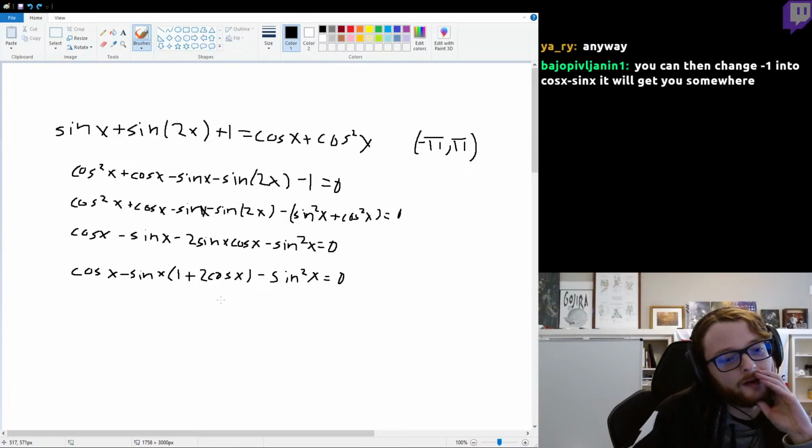I don't know that identity that you're using. Change minus 1 into cosine x minus sine x? I don't think that's an identity.